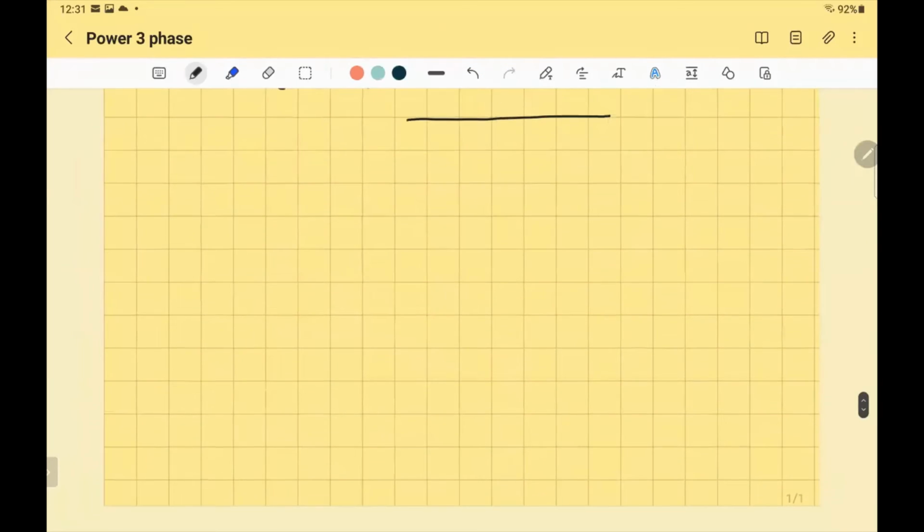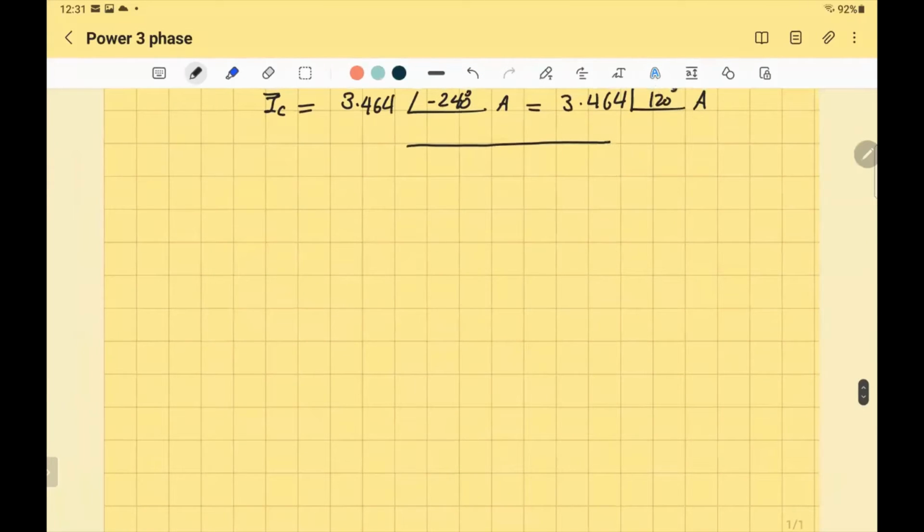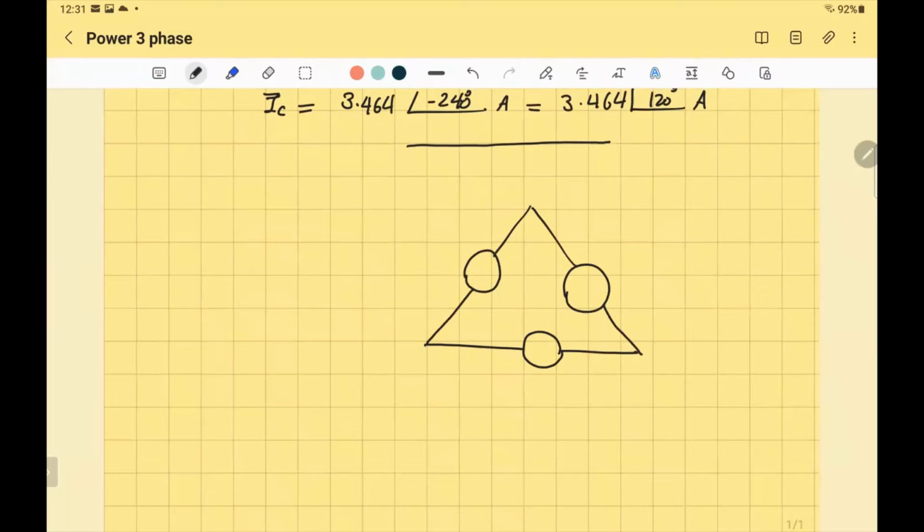As we learned before, when you do the source, that's the source, make it like that. But this time it's connected in delta. So that's the delta connection.